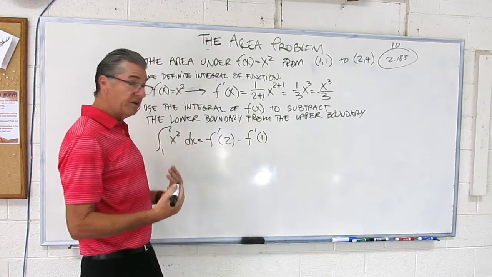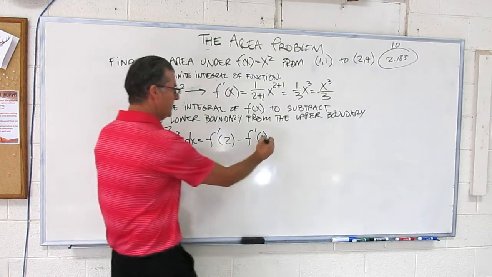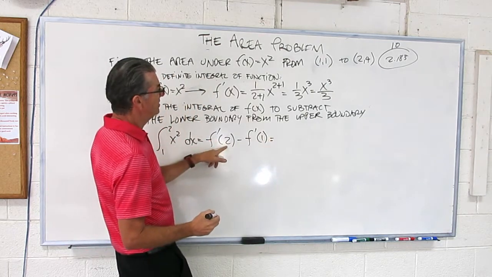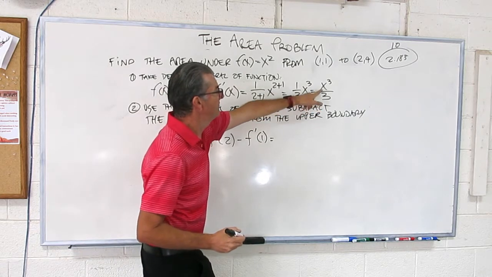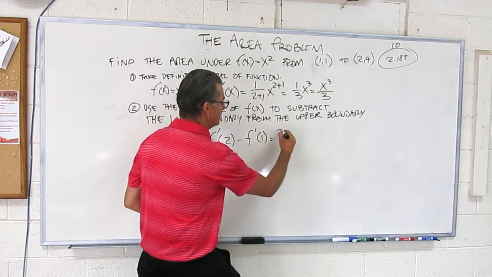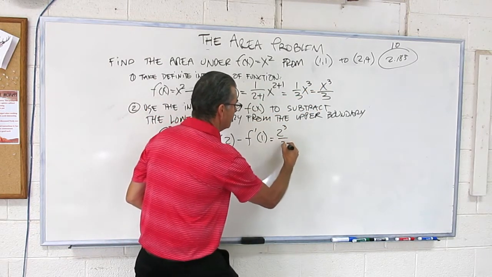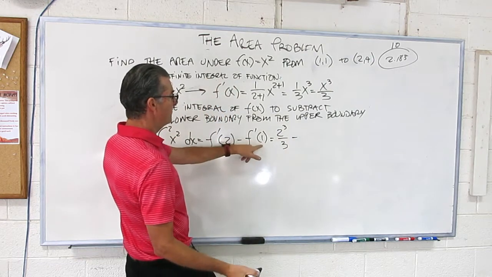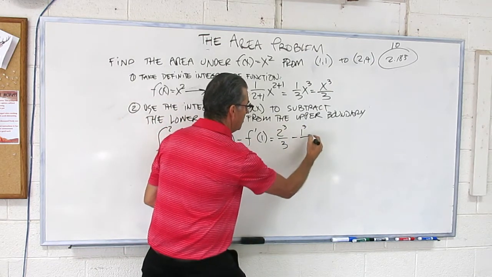Okay, so now we're going to do a little bit of plugging and chugging. What's f prime of 2? Here's f prime, so f prime of 2, we put 2 in for x, so that's going to be 2 cubed over 3, and then f prime of 1 is just 1 cubed over 3.